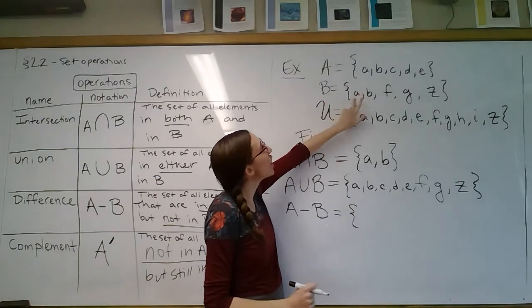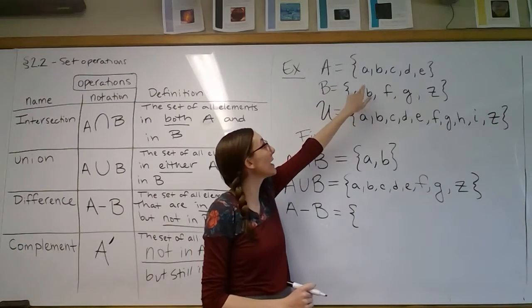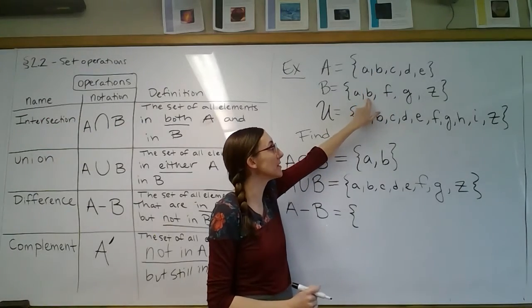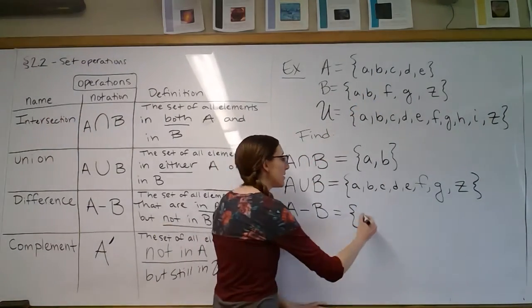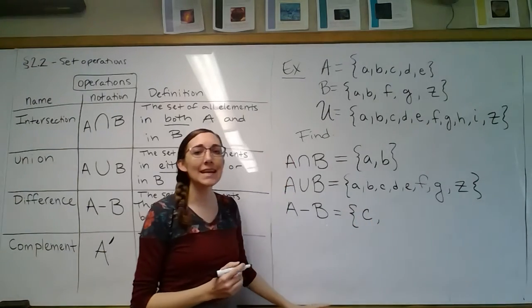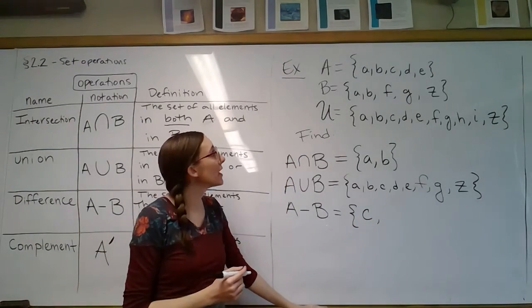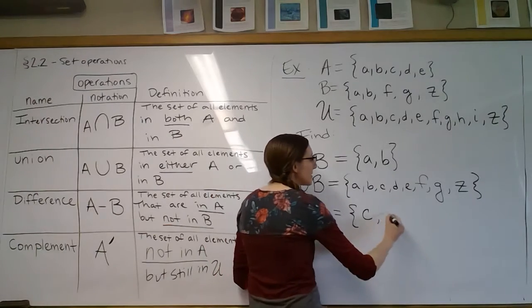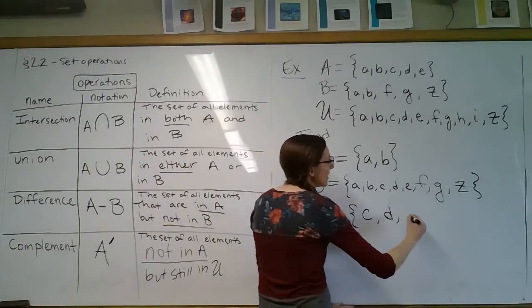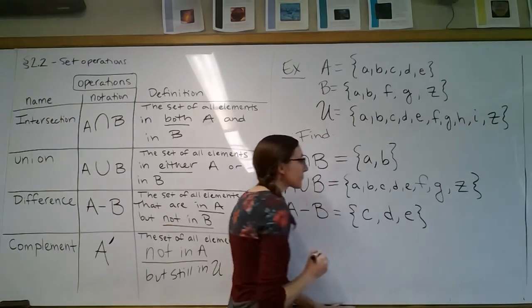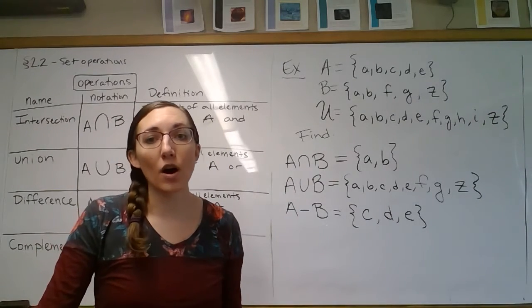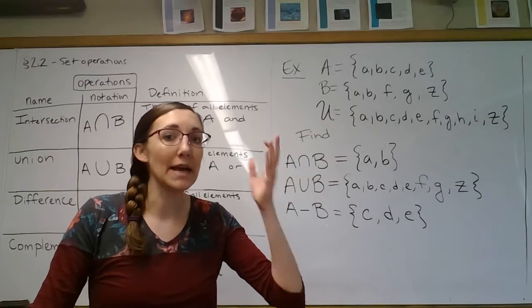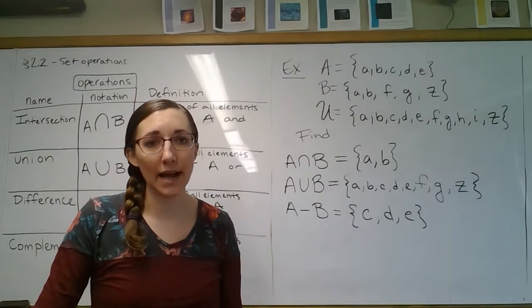We would say no, because it's in B. Do I keep B? No, because it's in B. Do I keep C? Yes. C is in A, but not in B. Do I keep D? Yes. Do I keep E? Yes. Notice the other elements of B don't matter at all. All we're doing is starting with A and eliminating certain elements.